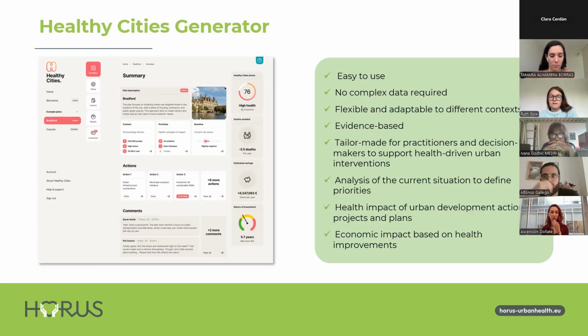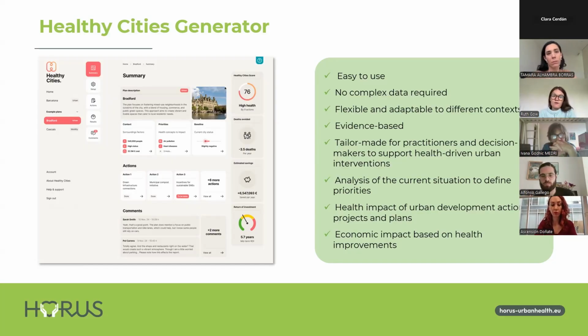So what we found is that especially medium-sized cities had often difficulties in being able to use these tools adequately, either because they didn't have the capacity or the time, they didn't have the necessary data that was required, etc. So we started developing this tool as a solution to that, so to provide a tool that was easy to use, that wouldn't require complex data from the users. And this would then also ensure that it's flexible and can be adapted to different contexts.